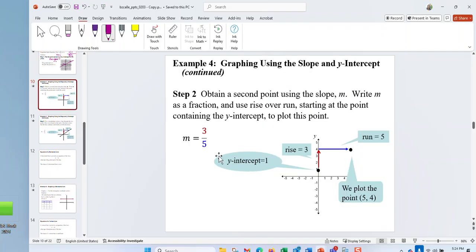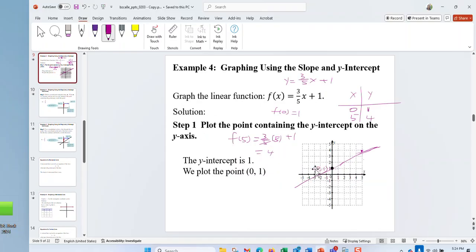All right, and this is called the rise and the run. This is using rise over run to do the calculation. Sometimes you can say, okay, from this point, I go up 3 units. So this is 1 plus 1, 2, 3, 4. So go up 3 units, and then go to the right 5 units.